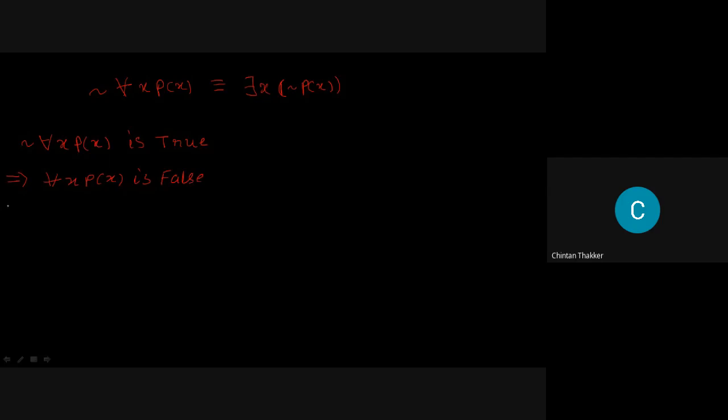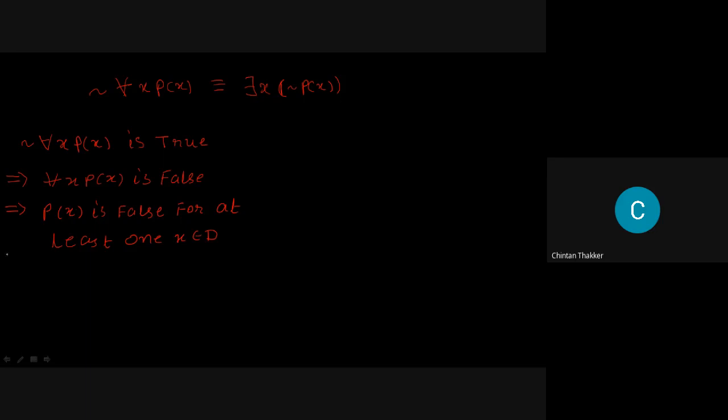Now for all x P(x) is false, so that implies we have P(x) false for at least one x belongs to D. Okay. For all x P(x) is false.